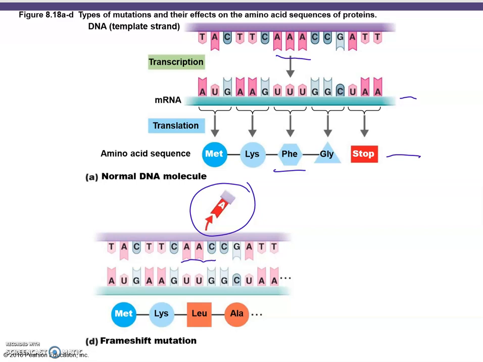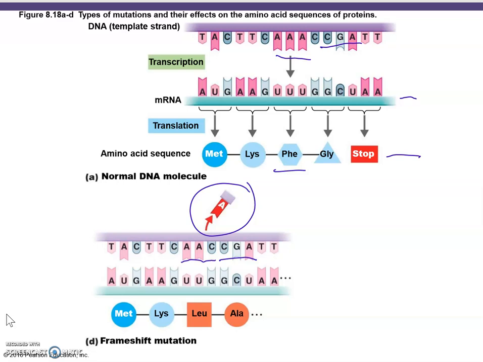And then the next codon will be CGA right here, which was going to be CCG up here, and it should have been a CCG that translates into a glycine right here after transcription and translation, but we ended up with this alanine right here because it was a CGA that translated here into an alanine. So that's a frameshift mutation, where after the mutation, every subsequent amino acid is going to be different.